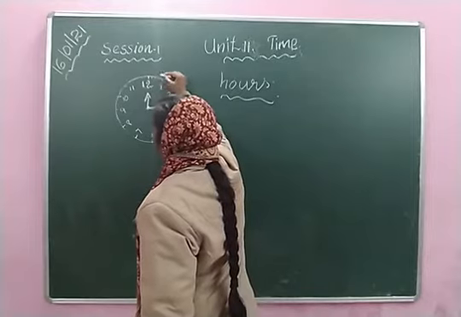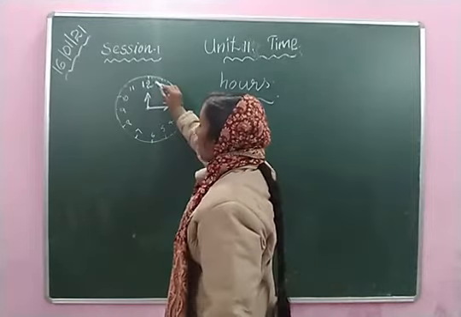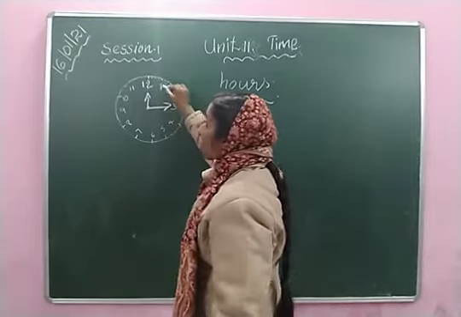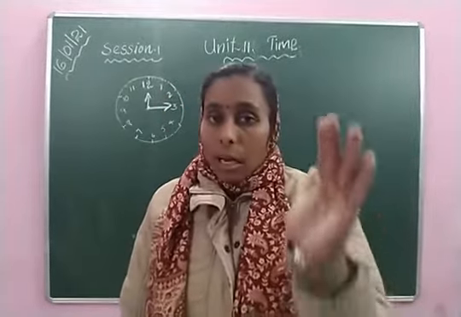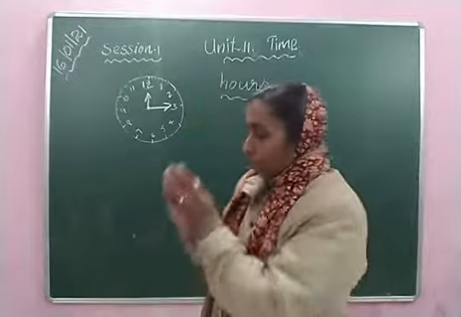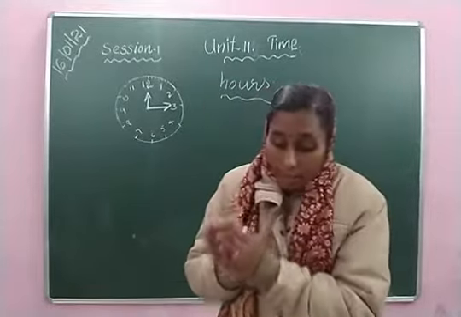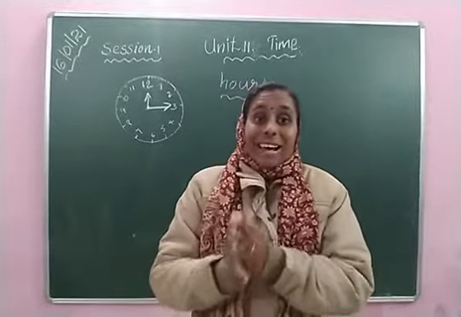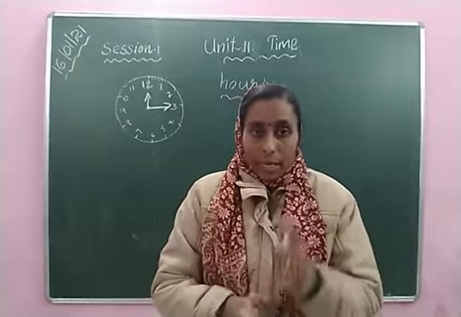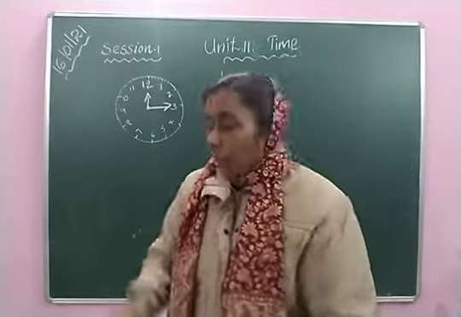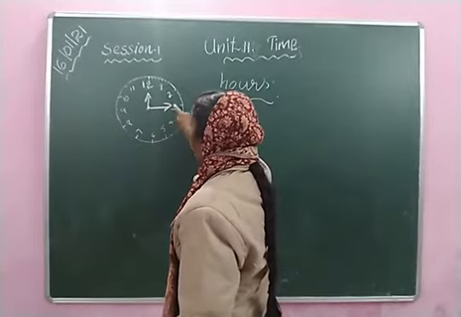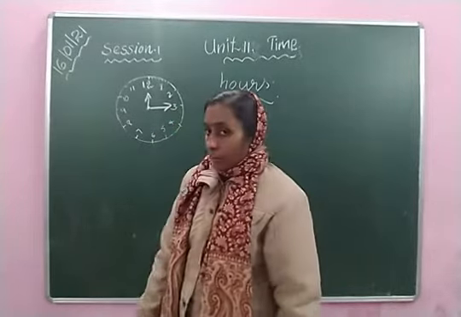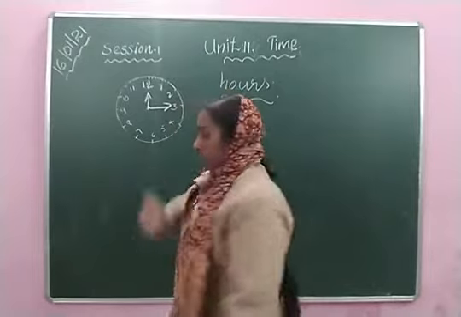We know that each of the 12 units is again divided into 5 small units. That is a minute. When the minute hand moves from one number to the next number, it takes 5 minutes.